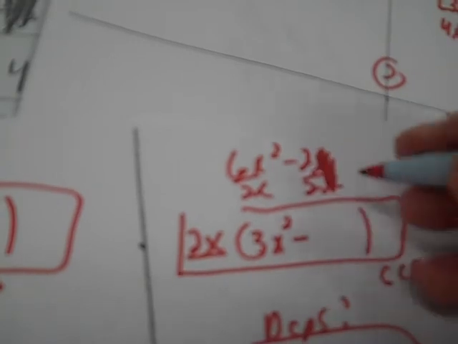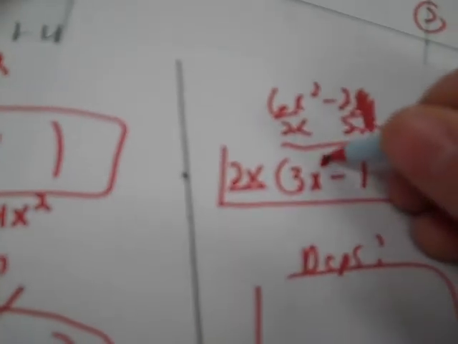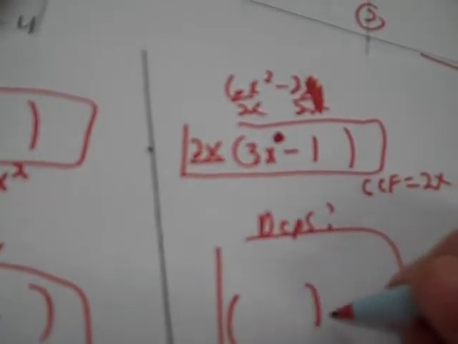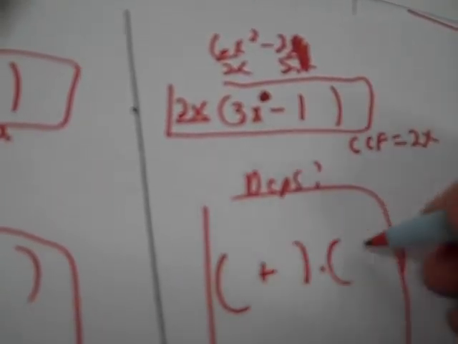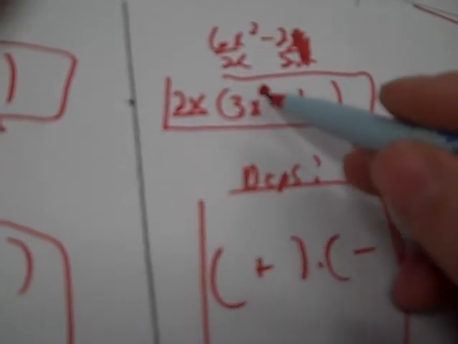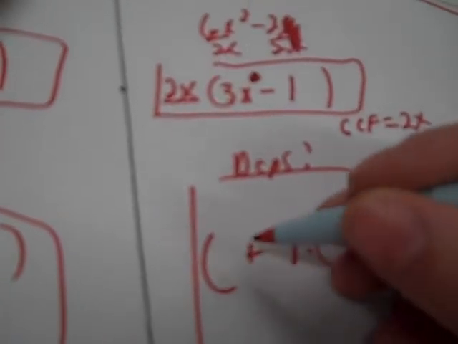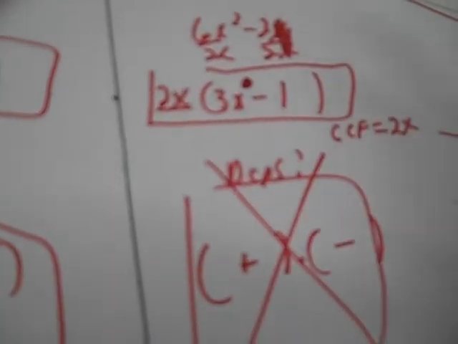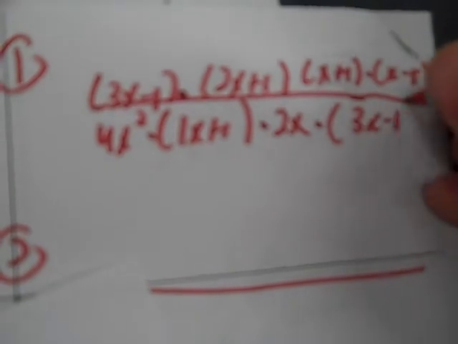Because people cancel the 2's, because 2 divided by 2 is 1. You need to put a 1 there. No, this would go down to x, my bad. Now, in the DOPS part, you do have a minus, but your x is not to the second, so I can't go xx, so done with that. So I rewrite that. I just put times 2x. Don't put the GCF in parentheses. Times, parentheses, 3x minus 1.